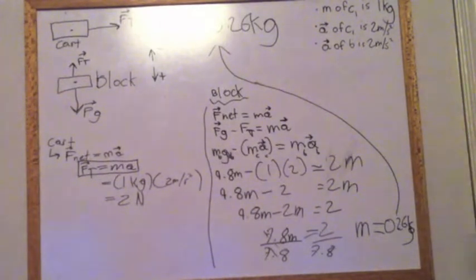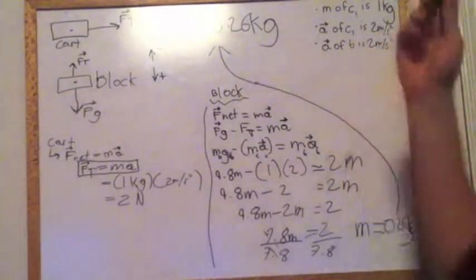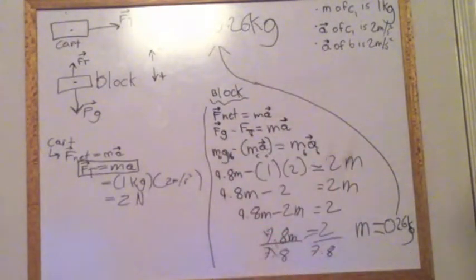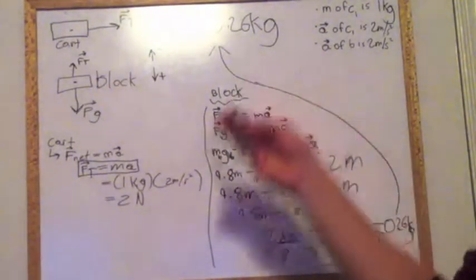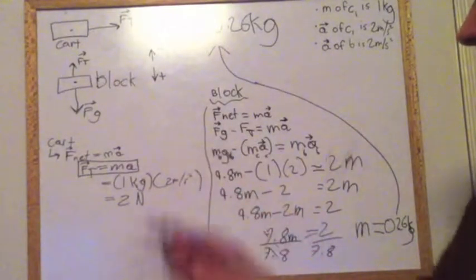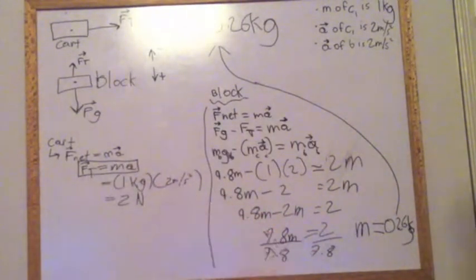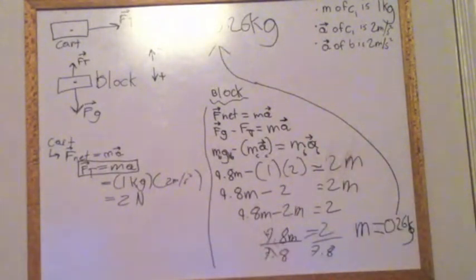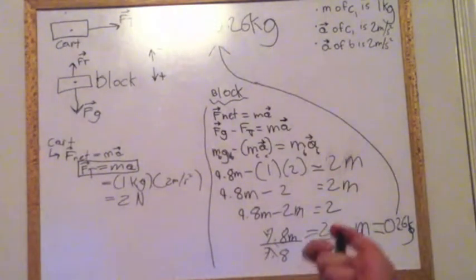Again, it makes everything a lot easier and gives you a visual representation of what you need to plug into the F net equals ma formula, Newton's second law. Just from using these FBDs, we derived 2 formulas, F net equals ma and Ft equals ma, which we then substituted into another F net equals ma formula to give us the formula and eventually the answer for the mass of the block.